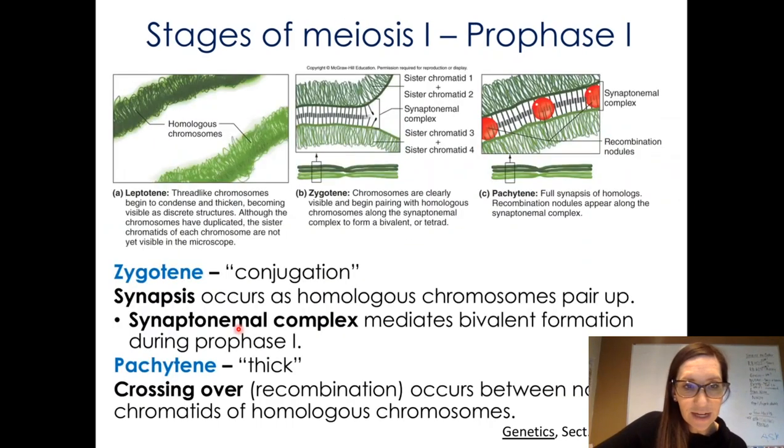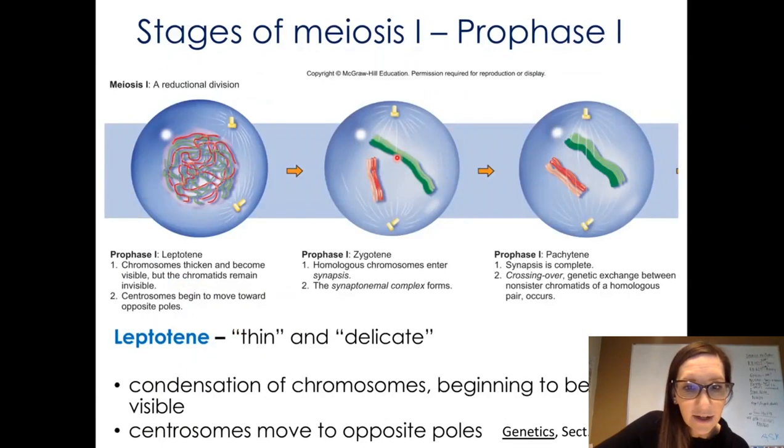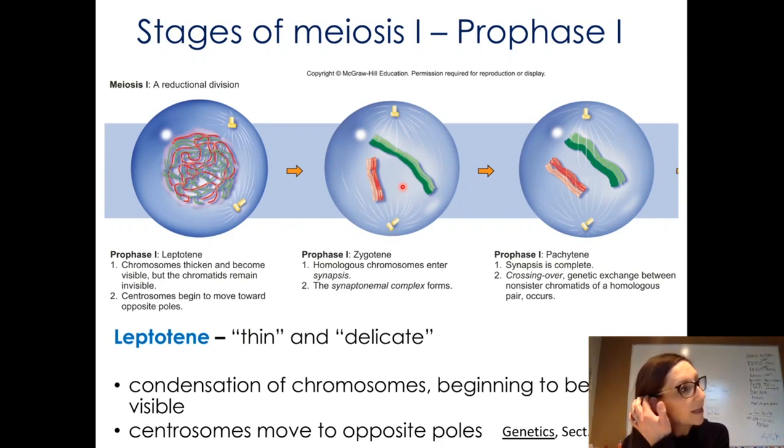This next phase is called zygotene, and you can see it here. This is when pairing happens, and this is the first difference that we see between mitosis and meiosis, that in meiosis, during prophase, you get pairing of homologous chromosomes.